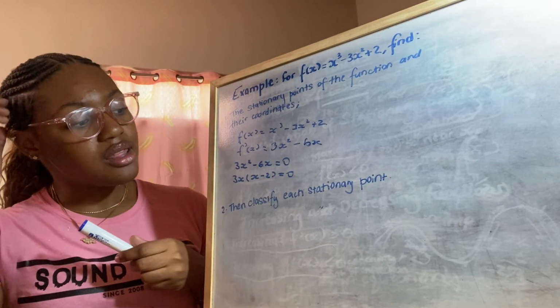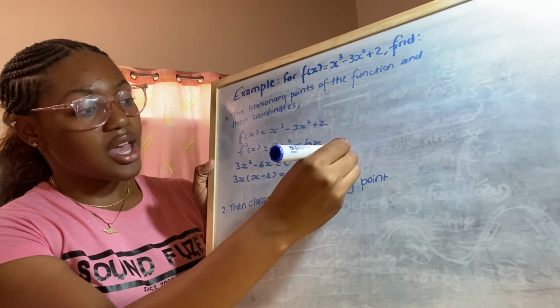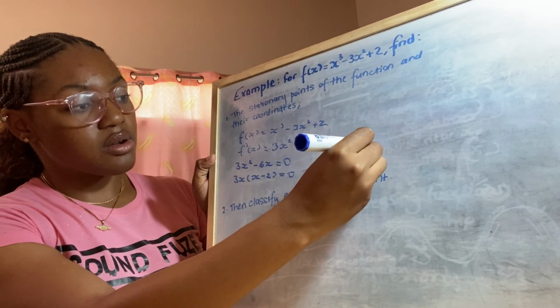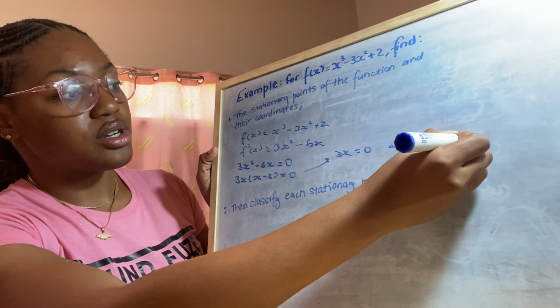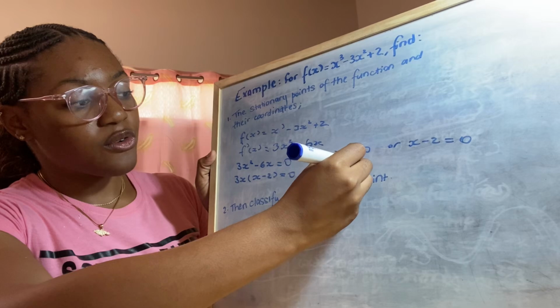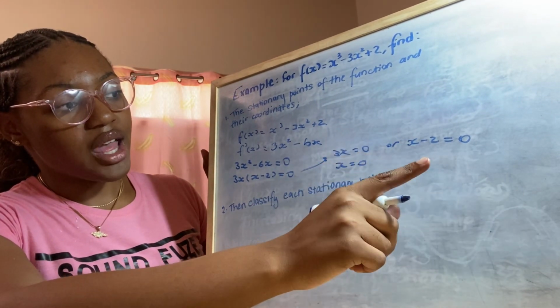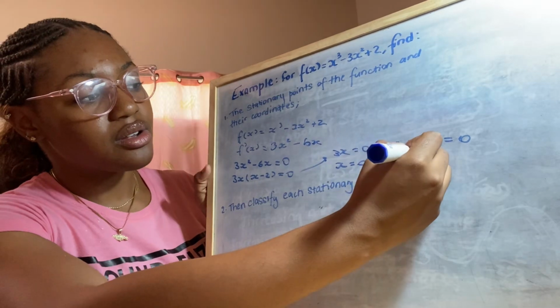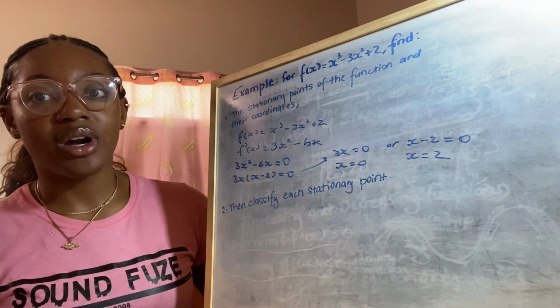Therefore, we would have either 3x is equal to 0 or x minus 2 is equal to 0. If 3x is equal to 0, therefore x would be equal to 0. And if x minus 2 is equal to 0, we would have x is equal to 2. And that is simply our x values.